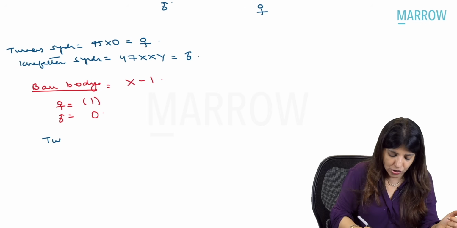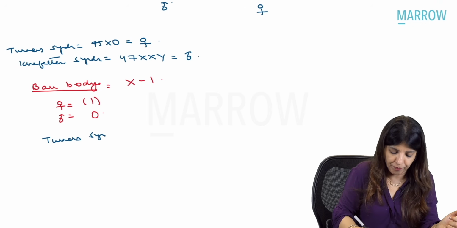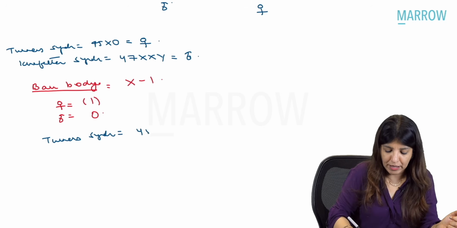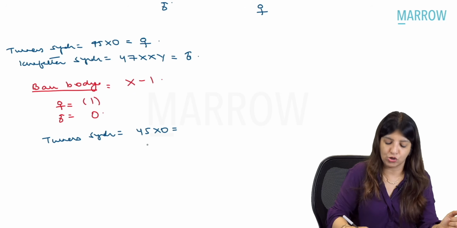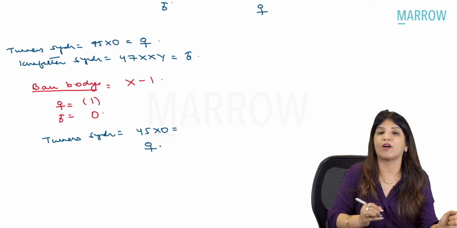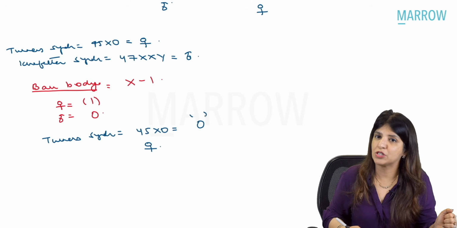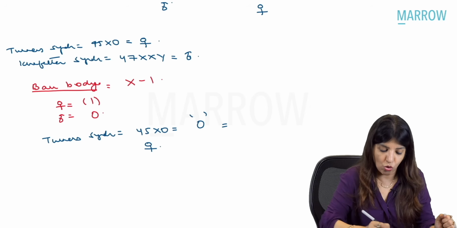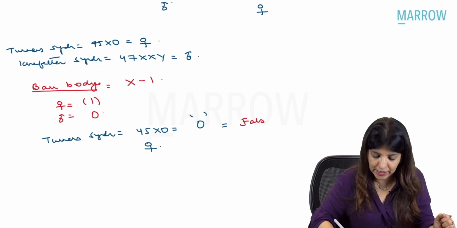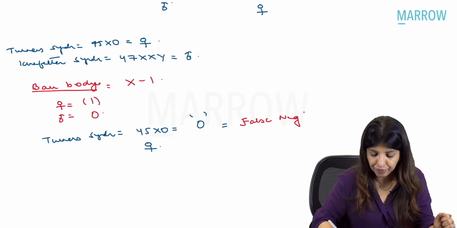Now, in Turner's syndrome, babies are 45XO. Although we are saying they are female babies, the number of Barr bodies is going to be 0, right?